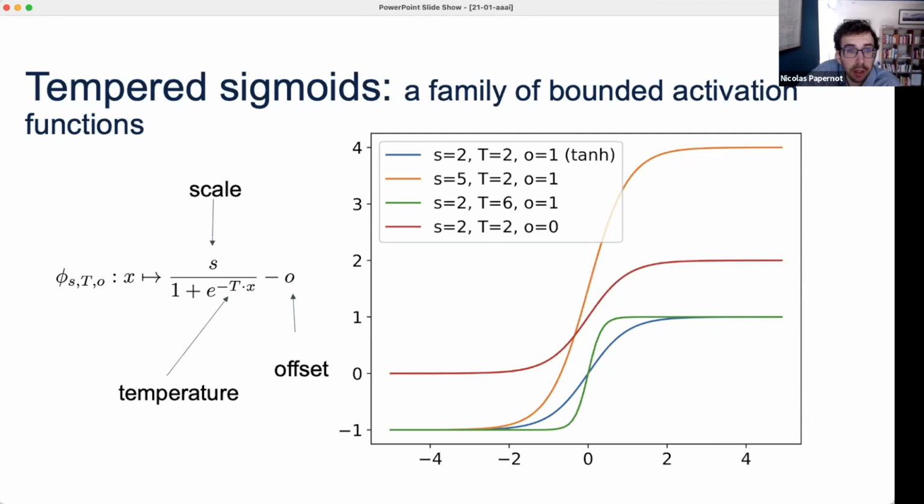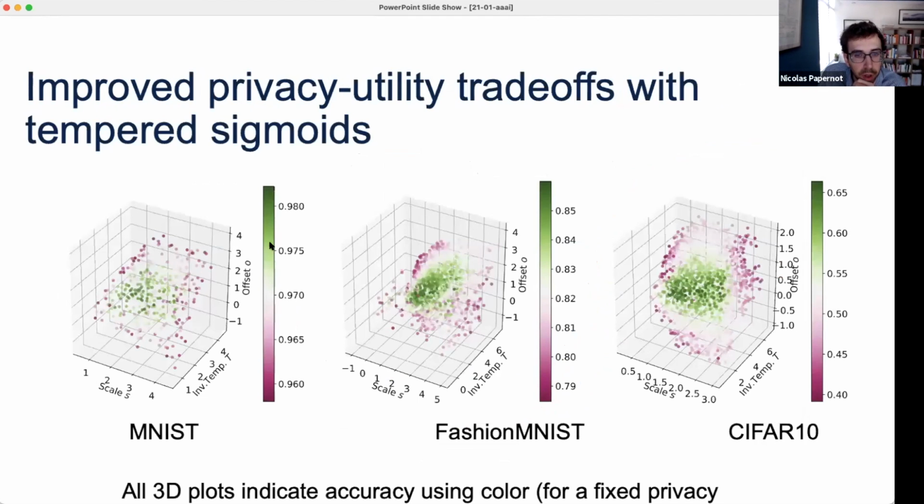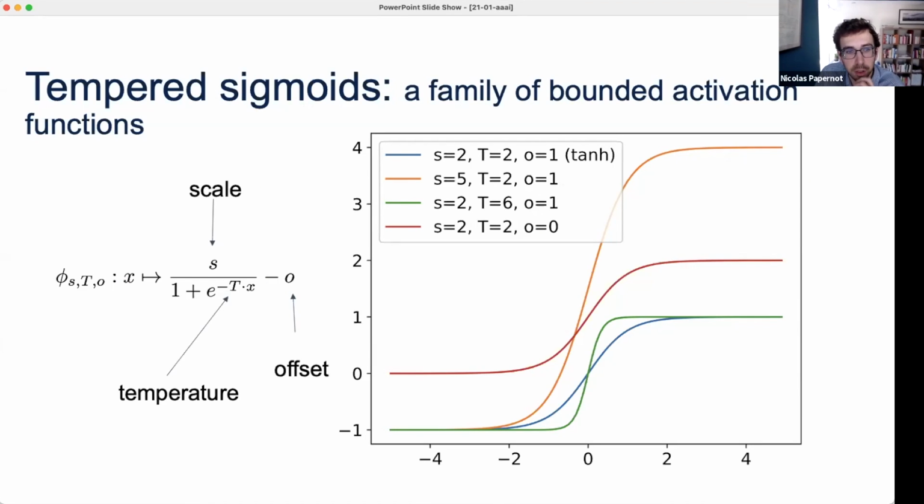And so here, what we're looking at is what if we were to design architectures that use bounded activation functions when learning with privacy? And so we found that this is very useful. In particular, we use this family of activation functions called tempered sigmoids, where we've done a hyperparameter search because this is a whole family of activation functions.